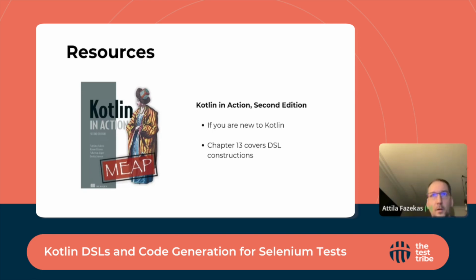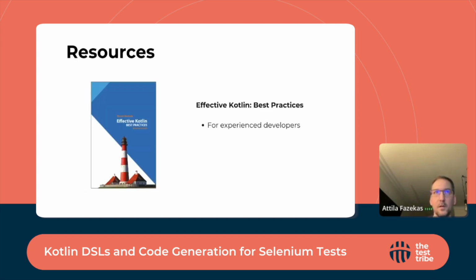And chapter 13 covers the DSL constructions. I think this is the best book if you are new to Kotlin and you want to get to know the concepts and write idiomatic Kotlin code. And after some experience, you could get a book from Marcin Moskala.